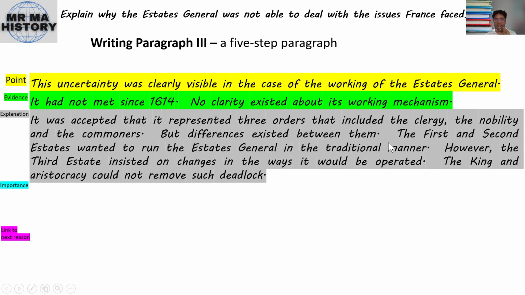The Estates General was not able to work in the traditional old way. That means the failure of the Estates General to run itself in the old way is making it unsuccessful to deal with the issues.